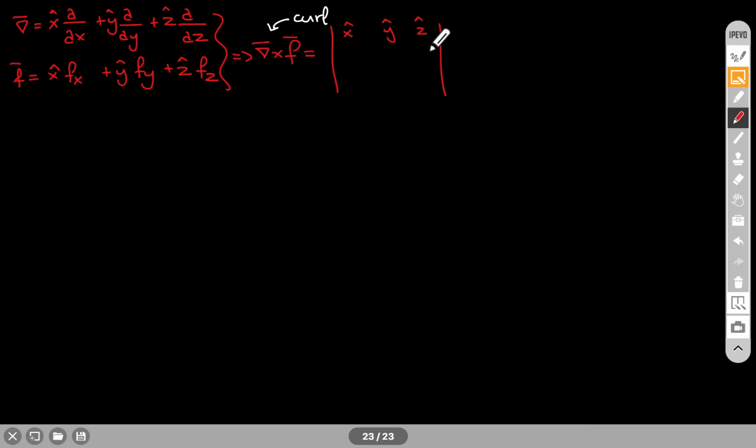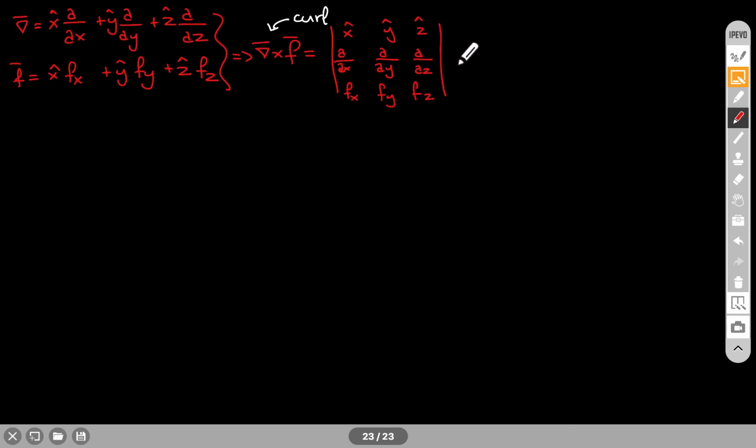And then the second row is occupied by the three components of the first vector, in this case the del operator: the partial with respect to x, the partial with respect to y, the partial with respect to z. And the third row is occupied by the three components of the second vector, in this case my function. So this will be f, the x component of the function, the y component, and the z component.